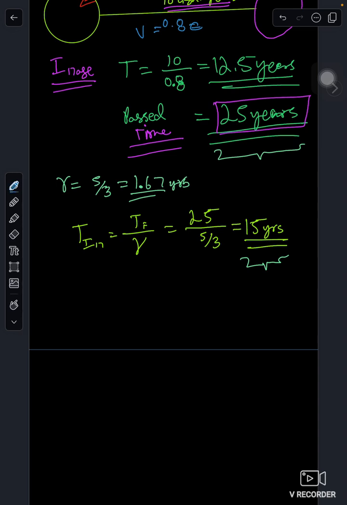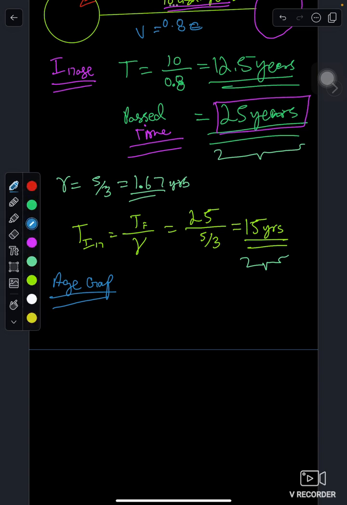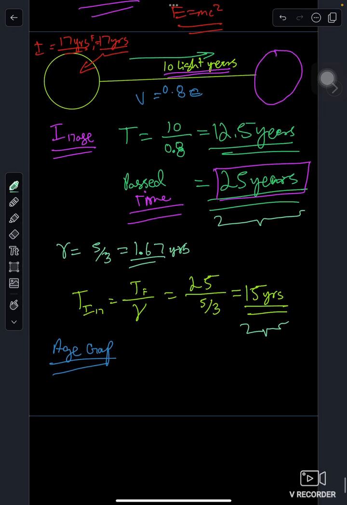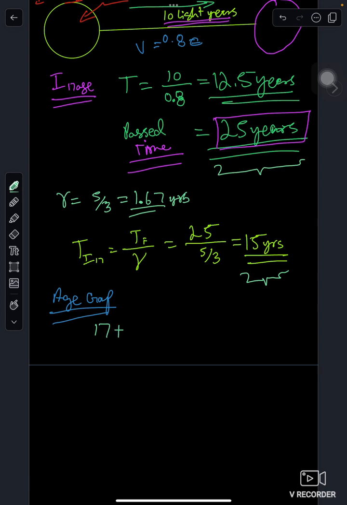First of all, let's see what's the age gap. This is our summary. What is our age gap? My friend's age will be 17 plus 25, which is 42 years.